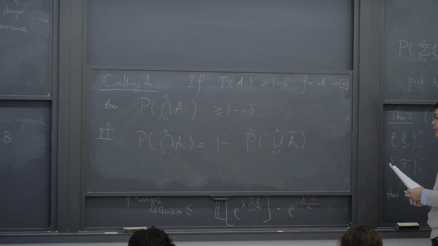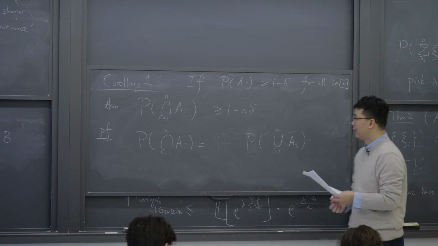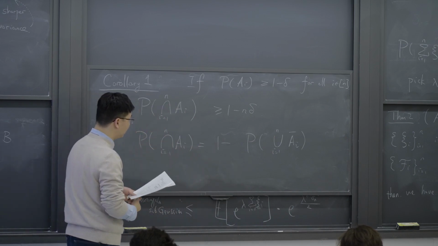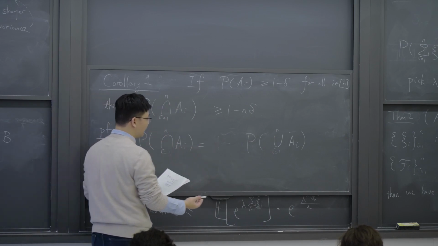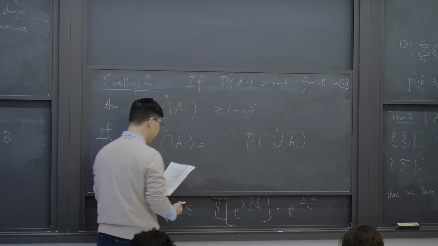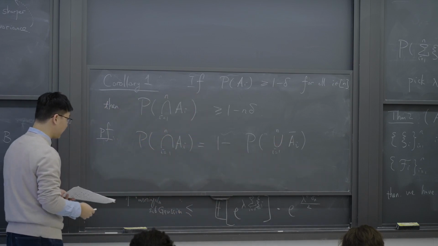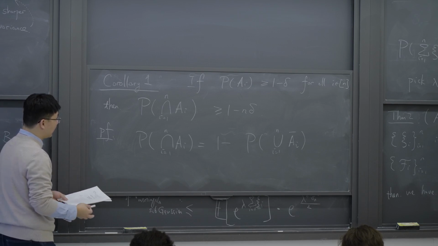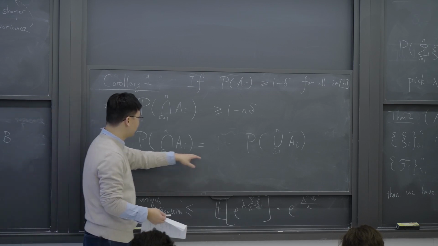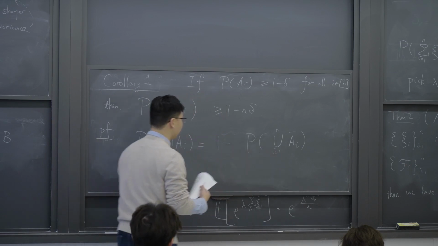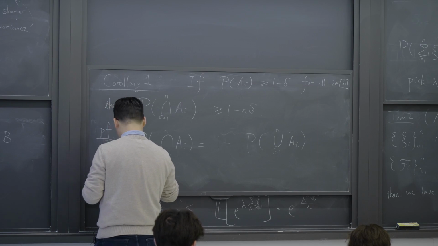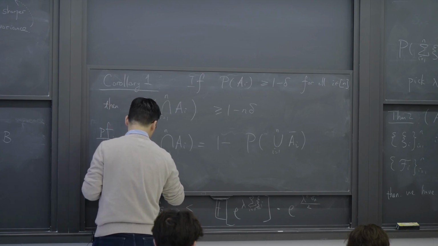Okay. So the event of all A_i happening simultaneously is the complement of at least one of the A_i bars happening. So in order to do a lower bound for this, we only need to do an upper bound for this complement. And we just look at the probability of the union, i from 1 to n, of A_i bar.